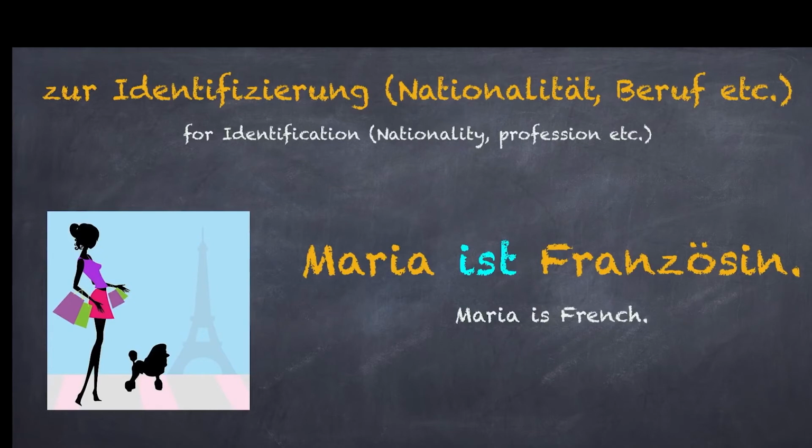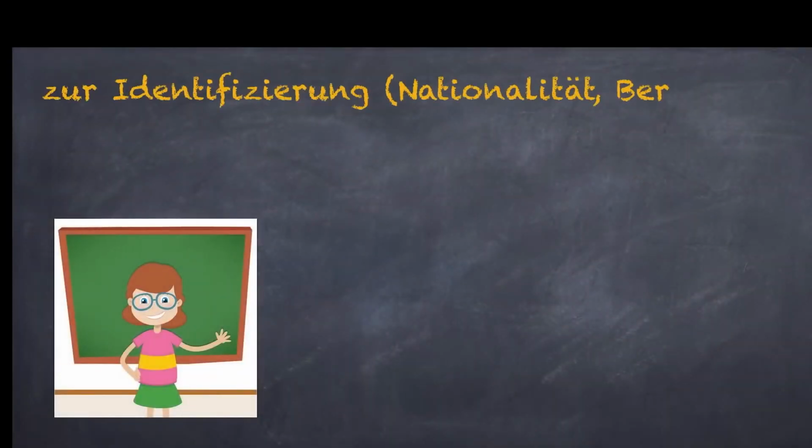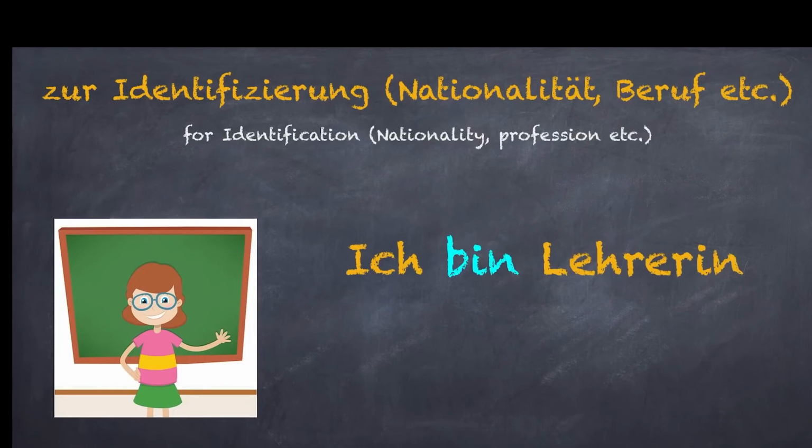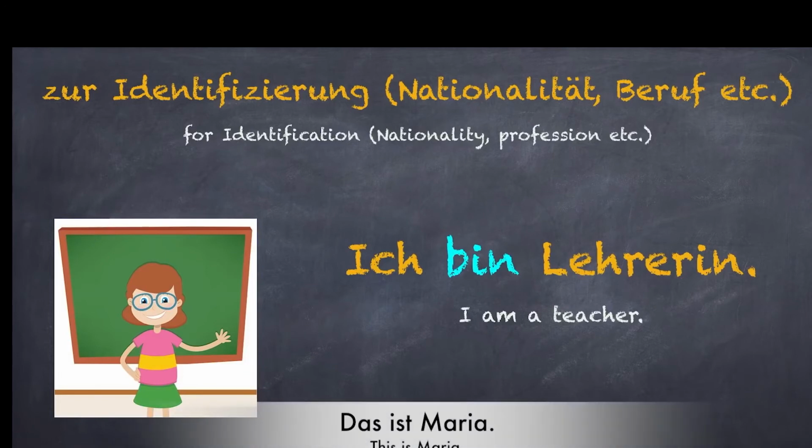Here we are talking about the nationality of Maria. Here's another example. Ich bin Lehrerin. Here we are talking about the profession. You can also use the verb when you're talking about someone's name. For example, das ist Maria.